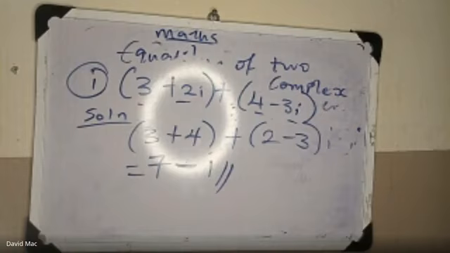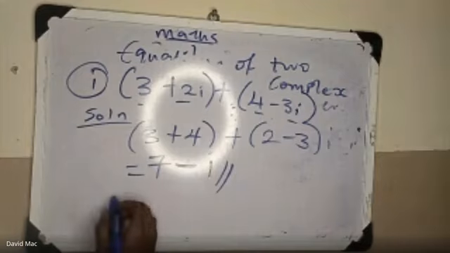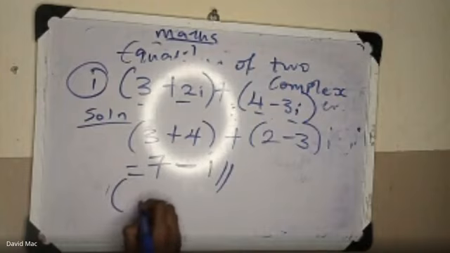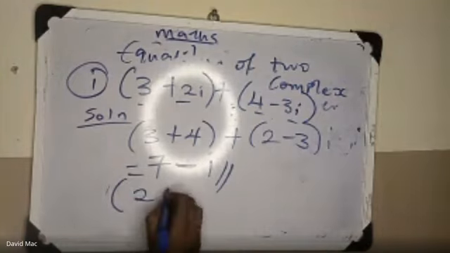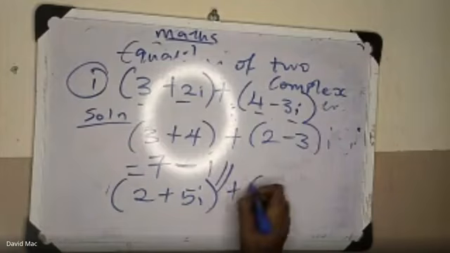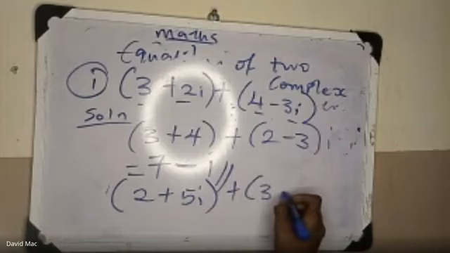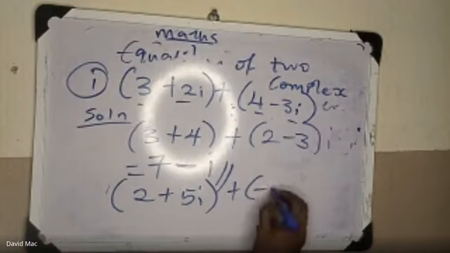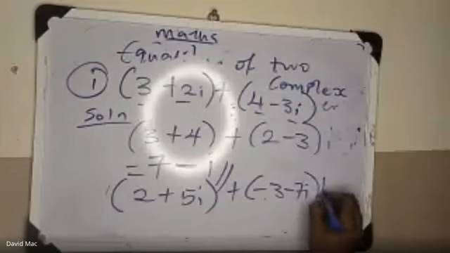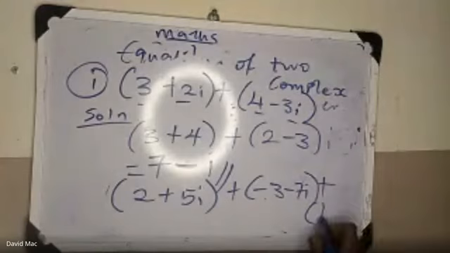Look at another question. Now let's look at this question. Somebody should solve this one: 2 plus 5i plus minus 3 minus 7i plus, open brackets, 1 minus i.